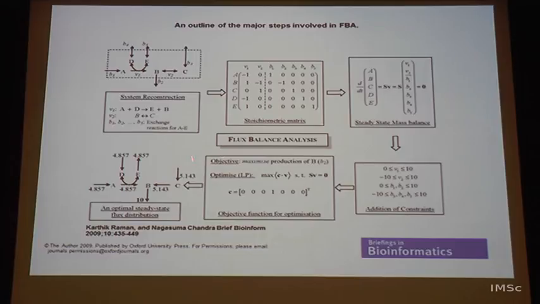You also have an objective function in mind, which is, for a bacterial cell, what is the purpose of metabolism? It wants to increase its biomass basically. So you have a reaction for biomass, which is a combination of different things, and it will optimize its metabolism to maximize the biomass.